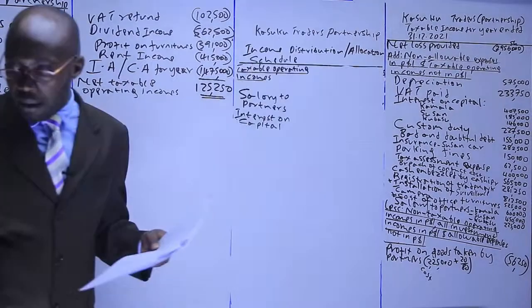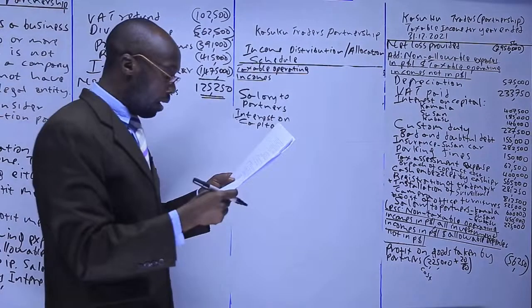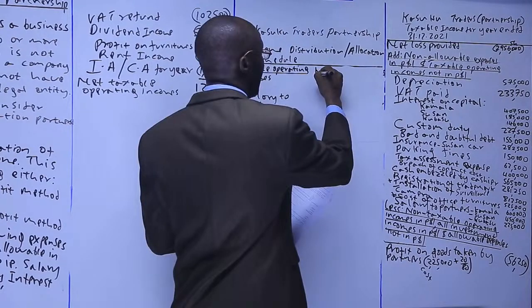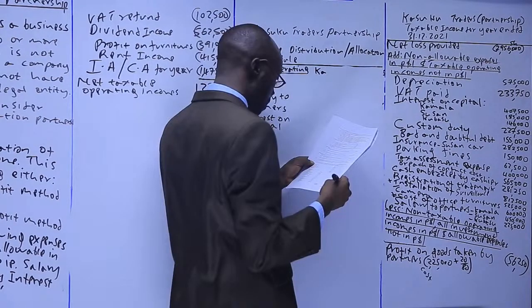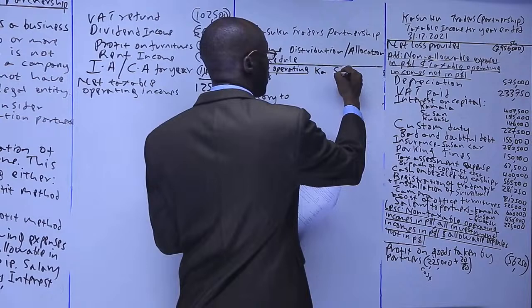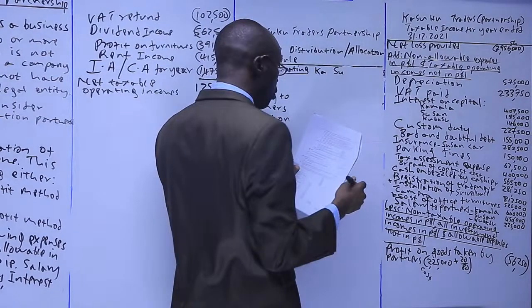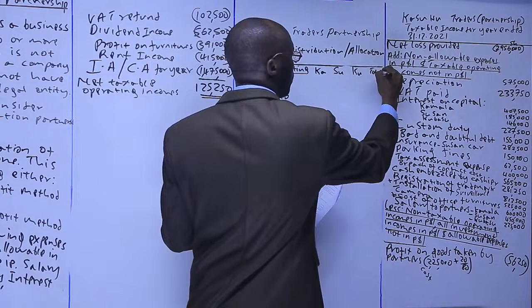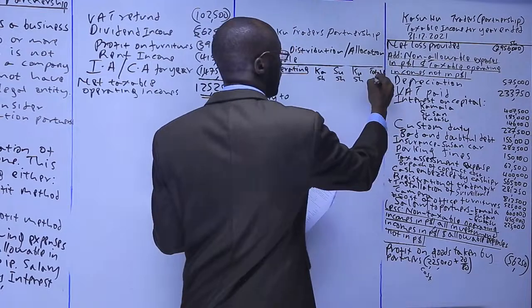I'll give them the initials. As you have seen, there's Kamara. So I write KA to stand for Kamara, Susan, SU, and Kubasu, KU. And then totals, because of the space. So shillings, shillings, shillings, shillings.